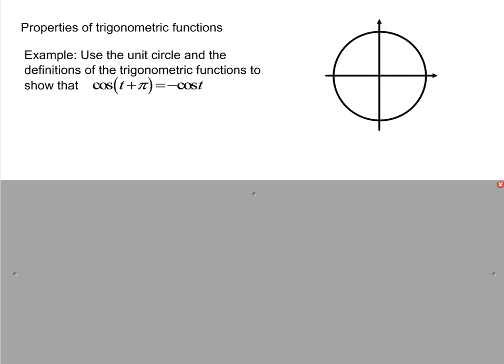Why, you might ask? Well, let's take an arc length t. Here it is, on our unit circle. The cosine is the x-coordinate, and the sine is the y-coordinate.